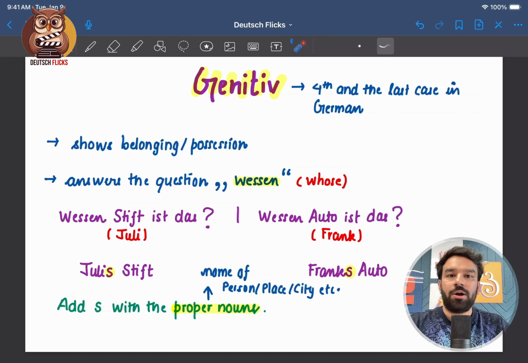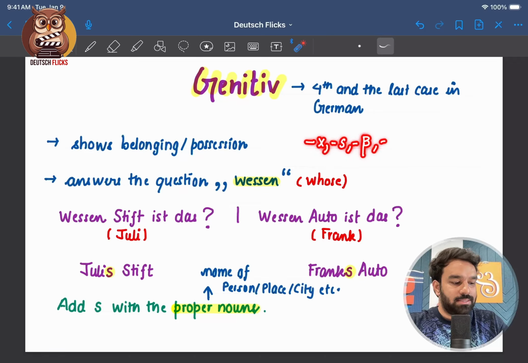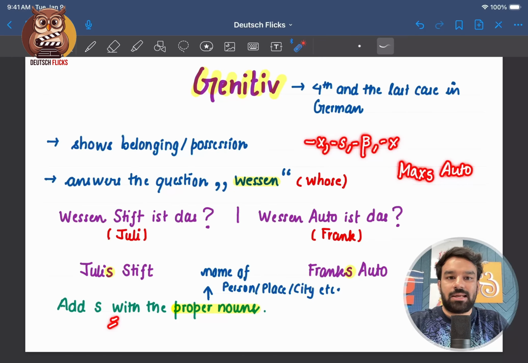Okay, so what if the name ends with X or S or SS or Z? As an example, let's take Max. So the rule says you attach only S. So will I say it like this? If I want to say this is Max's car, is it correct? The answer is no. And there's another rule that you have to remember.